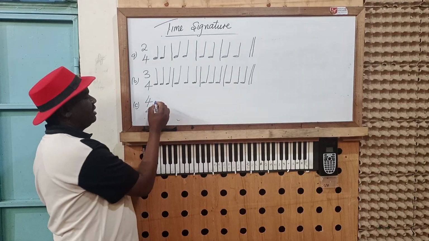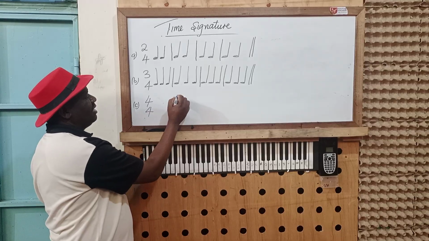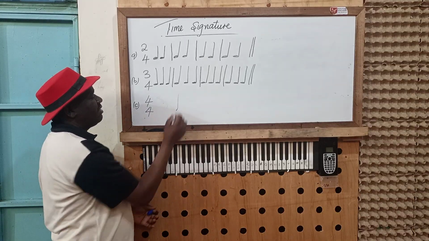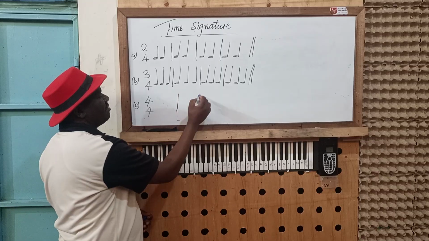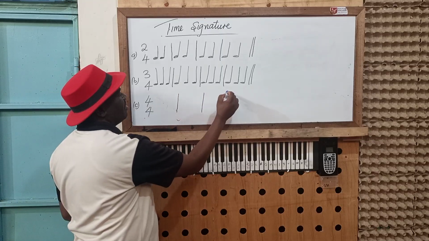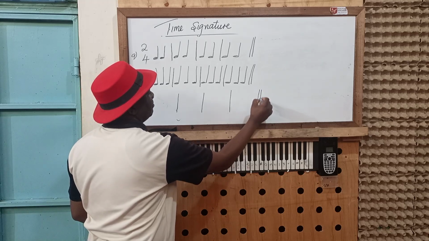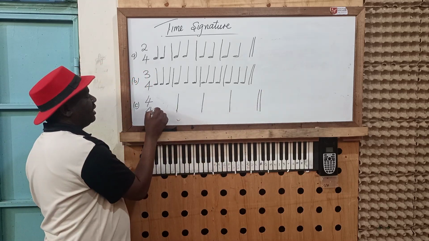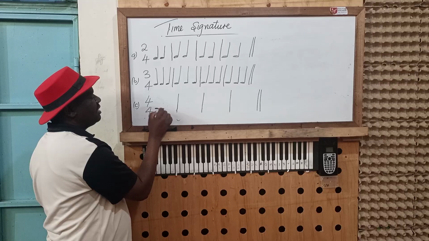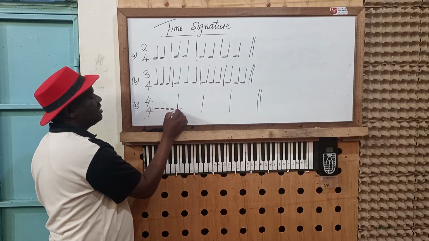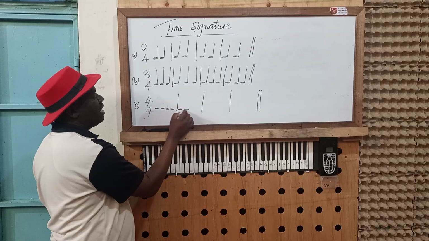Now the last one is this one. I also introduce 4 bars. Again, the time signature tells us that there are 4 crotchets in each bar.